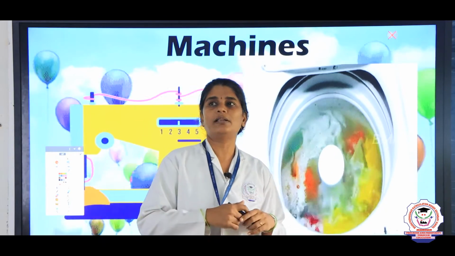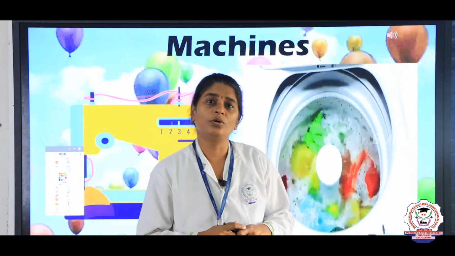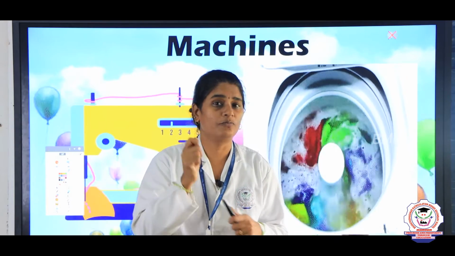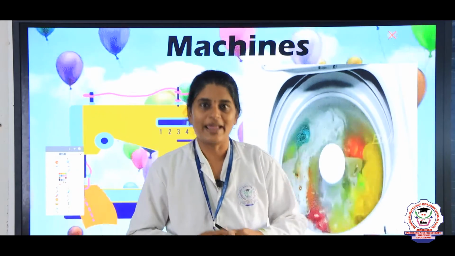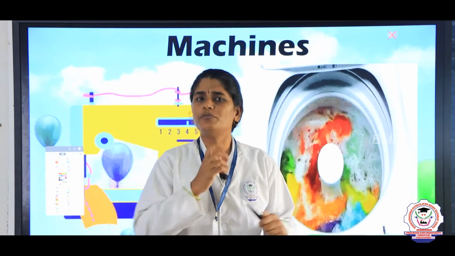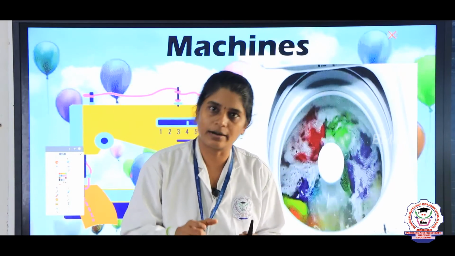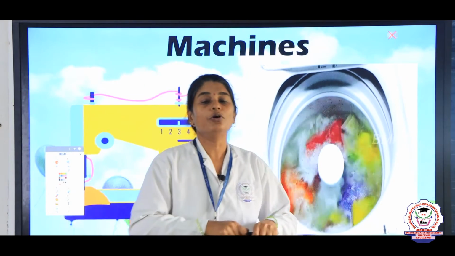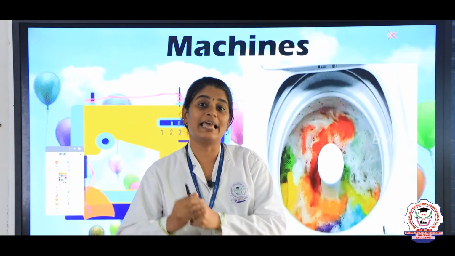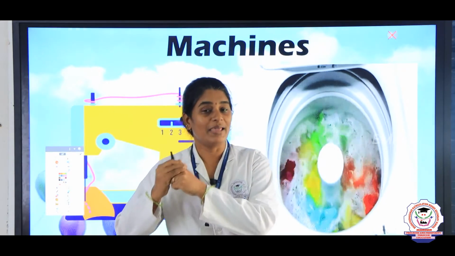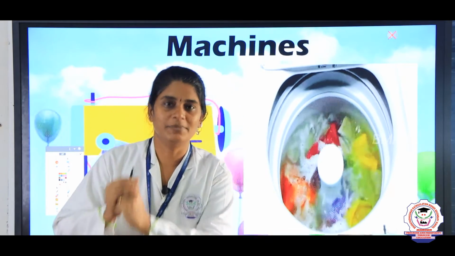For example, if you want to fix a nail on the wall, would you use your hand to fix it? No. You will use a hammer or some tool. In the same way we use some simple tools, and these tools make our life easier. Those are called simple machines.